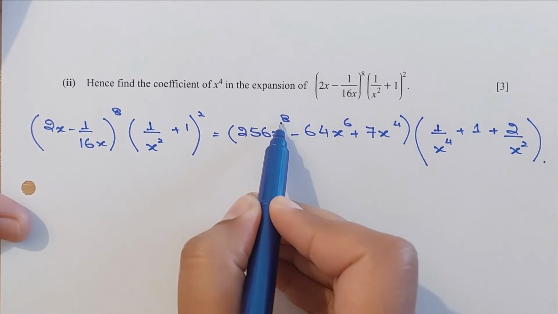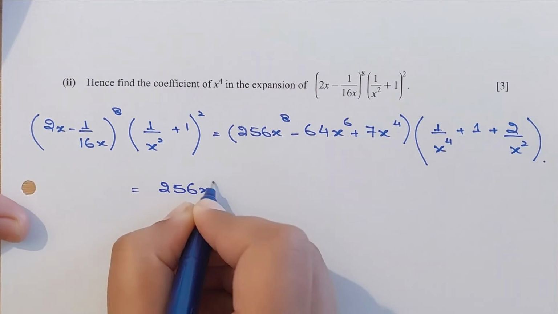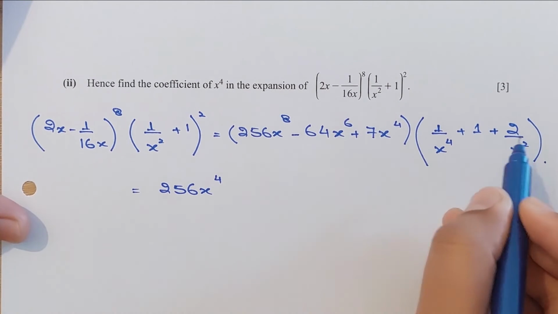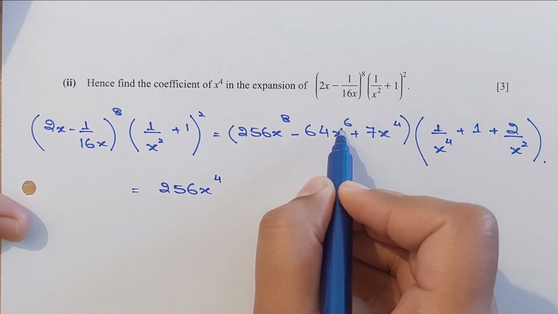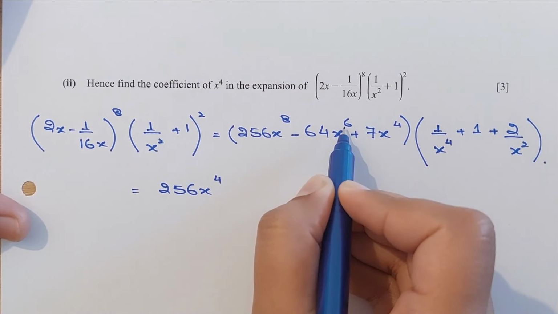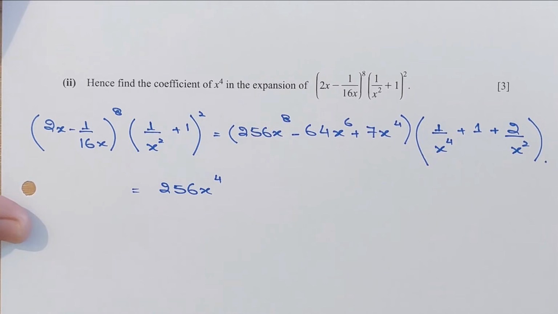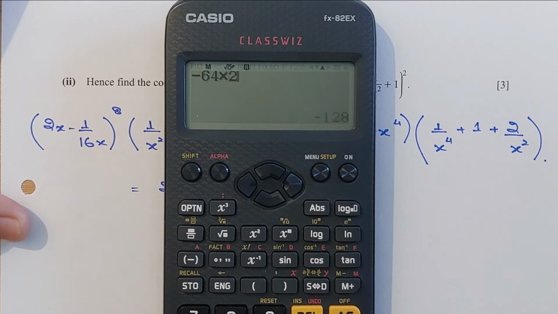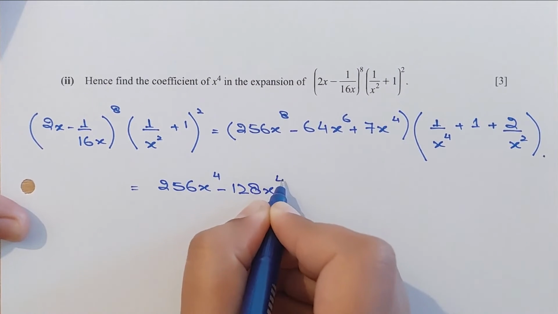The first term is 256x^8 times 1/x^4, giving 256x^4. Then -64x^6 times 2/x^2 gives x^4, so minus 64 times 2, which is minus 128x^4.